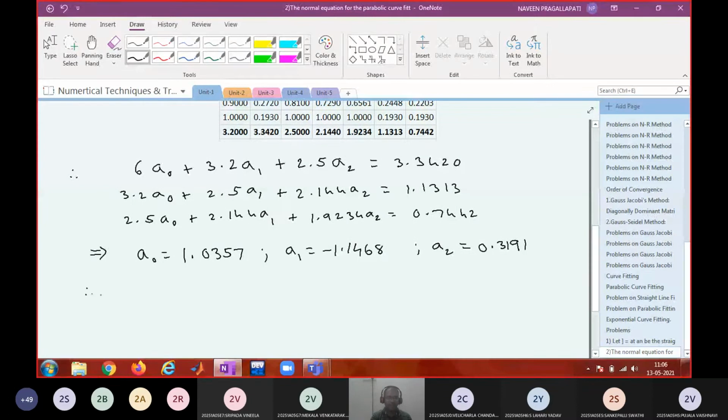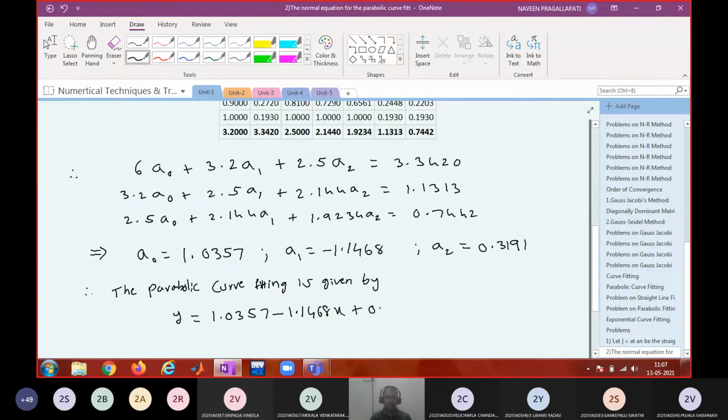0.3191. Okay, therefore the second degree polynomial or parabolic curve fitting is given: A0 plus A1x plus A2x square, which is 1.0357 minus 1.1468x plus 0.3191x square.